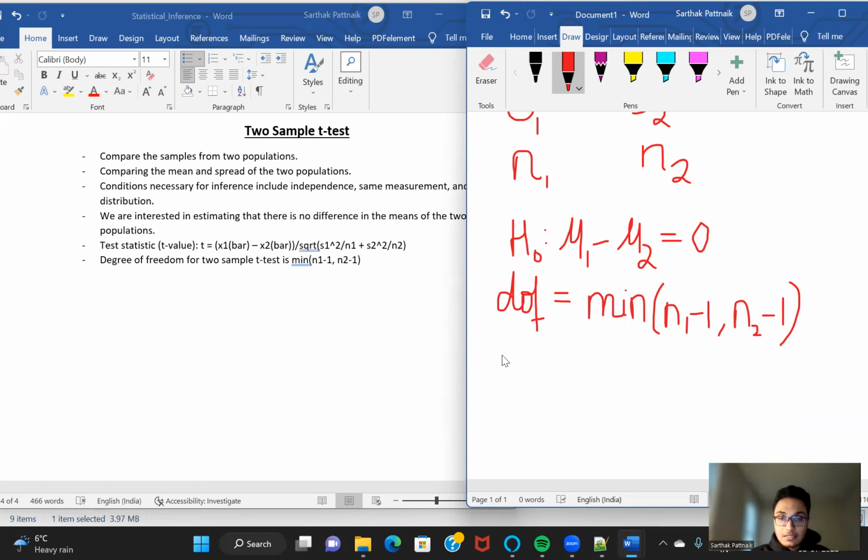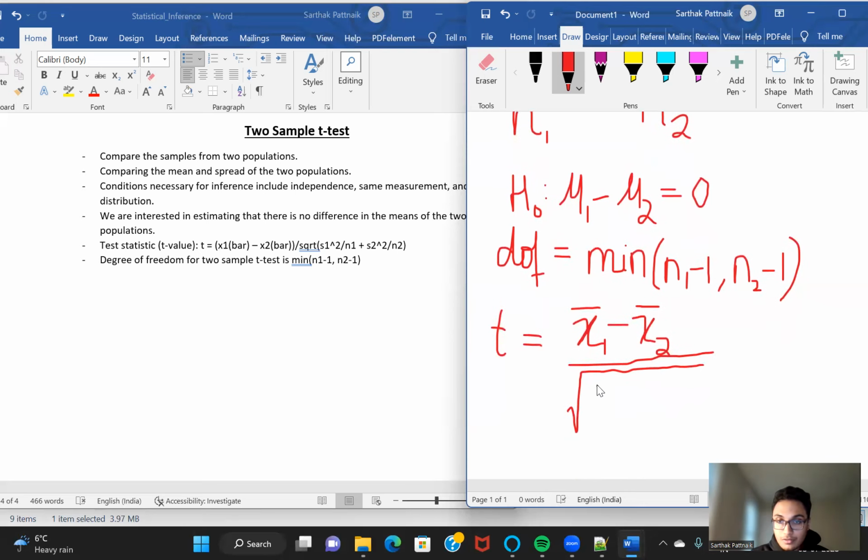Now, the test statistic, the t-value, is given by x1 bar minus x2 bar, divided by the square root of s1 square divided by n1, plus s2 square divided by n2.